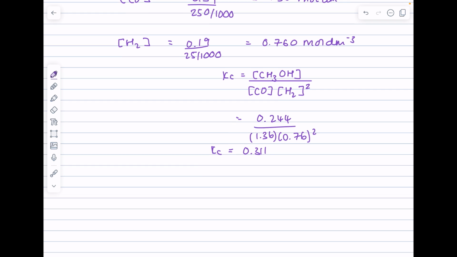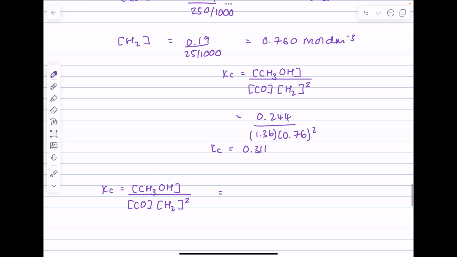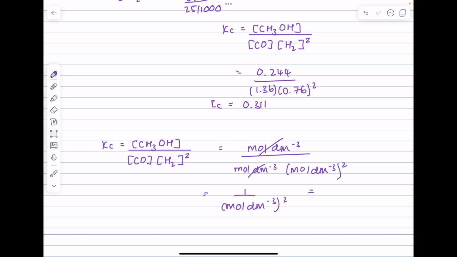And then lastly, the units. Again, we're using the expression of Kc, substitute in our concentration units, cancel them down. So our final answer is 0.311 moles to the minus 2 dm to the 6.